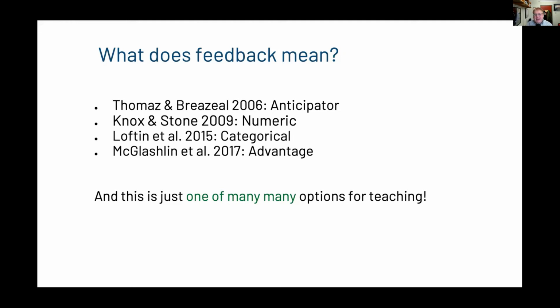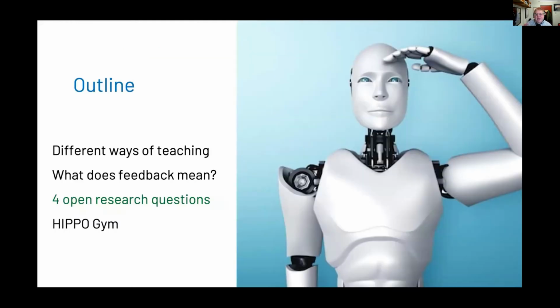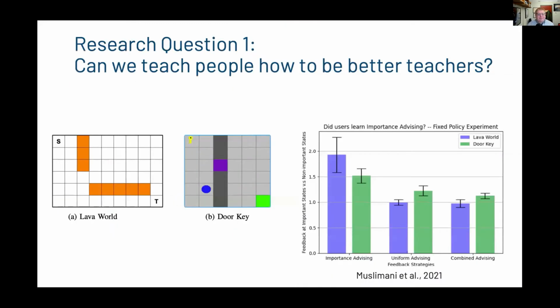And now let me switch to four open questions, starting with, again, this theme of feedback. One of the things we thought of, Callie had a recent workshop paper in my group on this, and we were thinking, can we teach people to be better teachers?